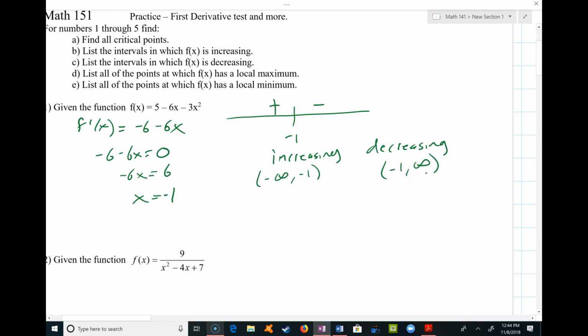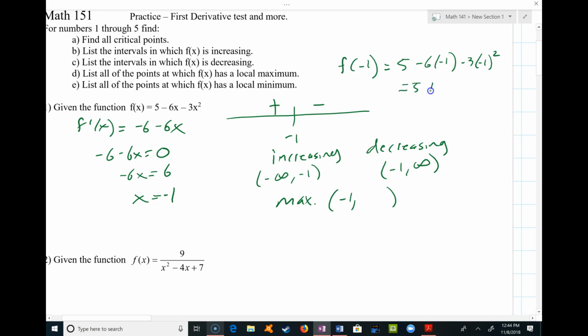Local maxes and mins, looks like there's only a maximum that occurs at negative 1. And of course, to find out what the y value is, I'd have to go back to the original function. So I'd have to find out what f of negative 1 is. And that would be 5 minus 6 times negative 1 minus 3 times negative 1 squared.